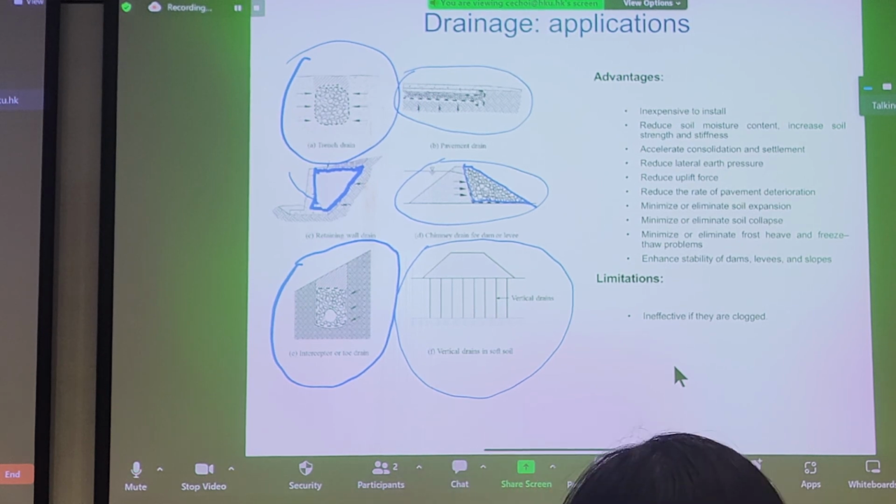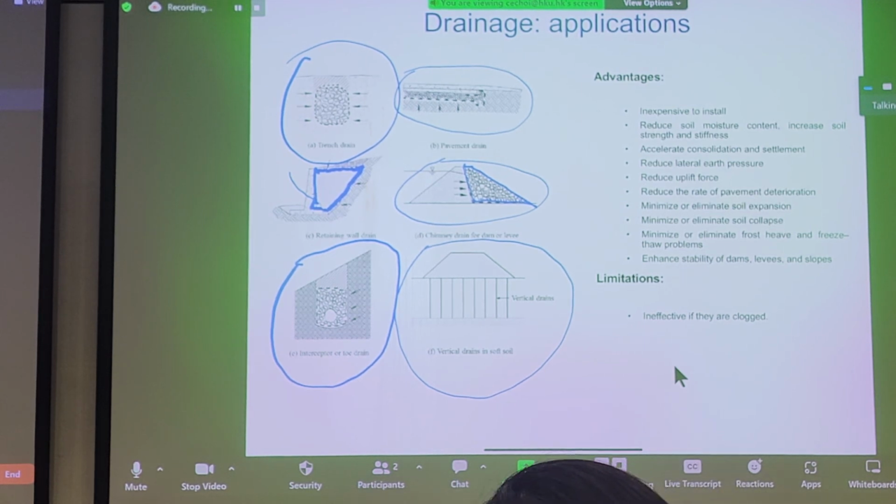Advantages: drains are cheap, right? Disadvantages: well, they can get clogged, and you probably need to service them every now and then. Some drains cannot be serviced though, right? Once you put it in the ground, you can't really take it out unless you excavate the soil around it. So that's perhaps a disadvantage. Advantages, as we mentioned, cheap, and it can reduce all sorts of problems caused by excess pore pressures.